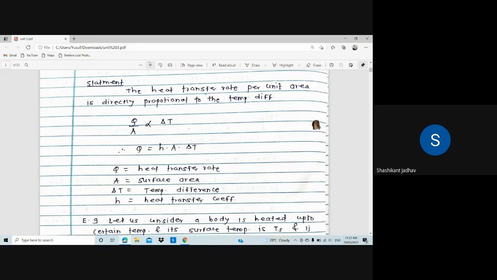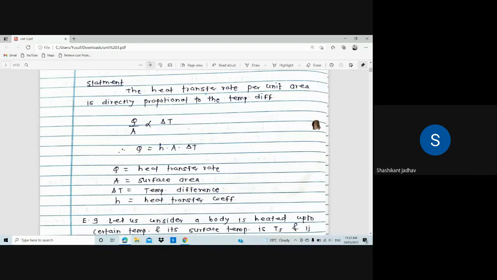A is the surface area. Delta T is the temperature difference. And H is the heat transfer coefficient.